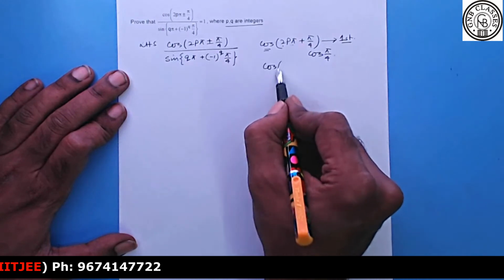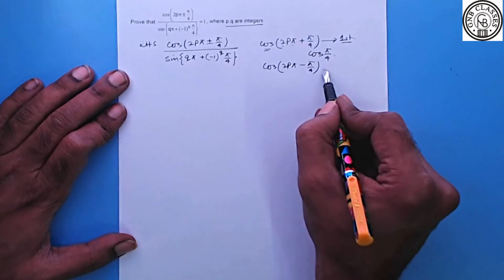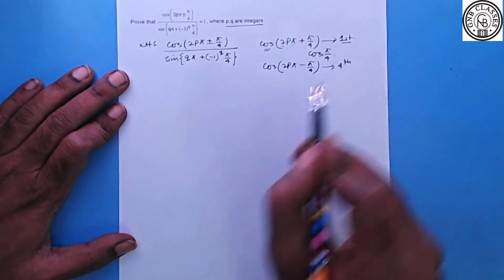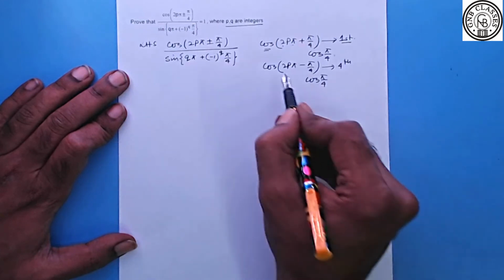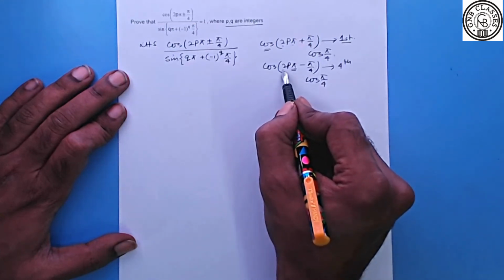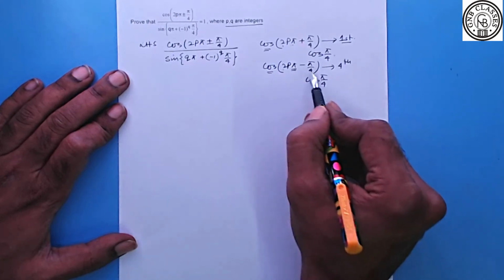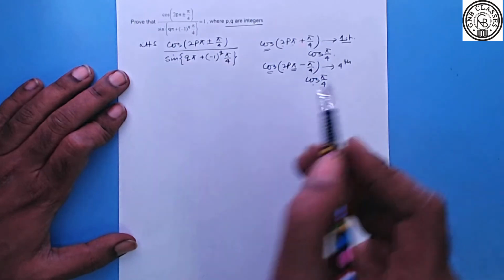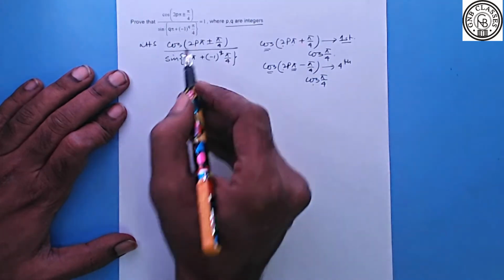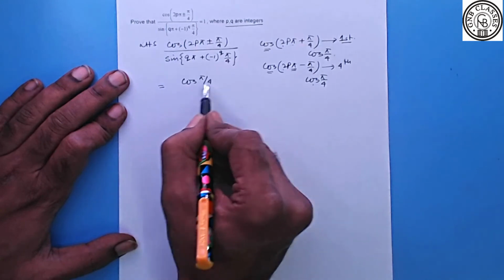Now the same thing happens if I take a minus sign. In that case it is falling in the fourth quadrant. Yes or no? So again it will be cos pi by 4, since the multiple of pi is even, so cos will remain cos, and in the fourth quadrant cos is positive. Therefore for all integers p, the numerator is always cos pi by 4.